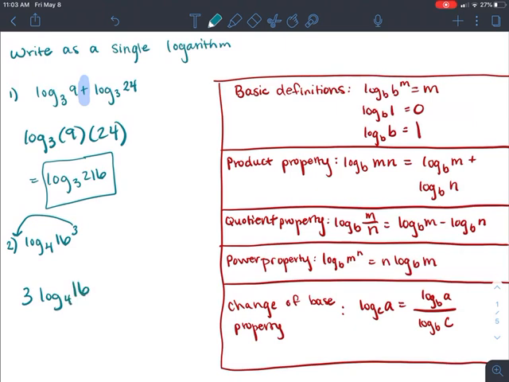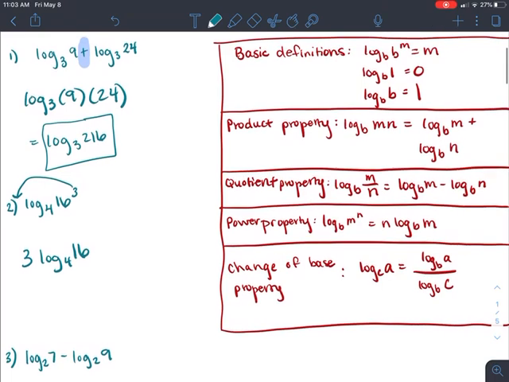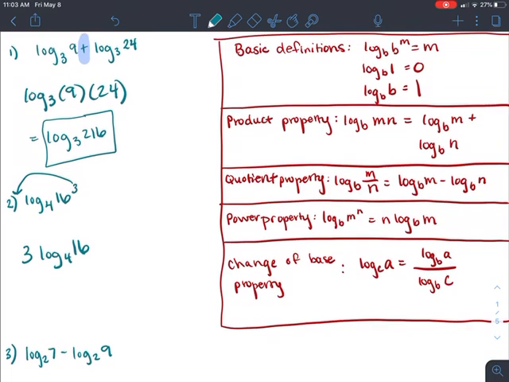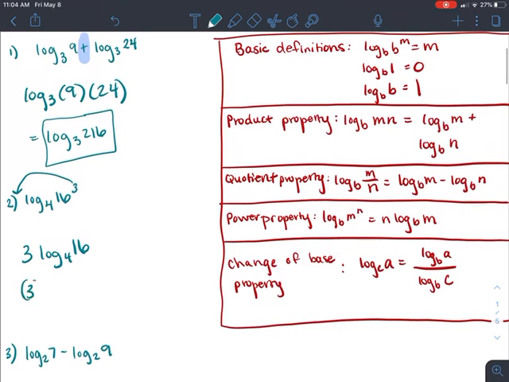Okay? Now, what you can do is solve this, so you can solve 3 times log 4 of 16. Log 4 of 16 is 2, so you can do 3 times 2, and that gives you 6, and that's your value.